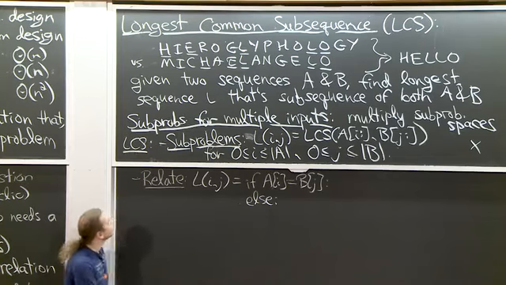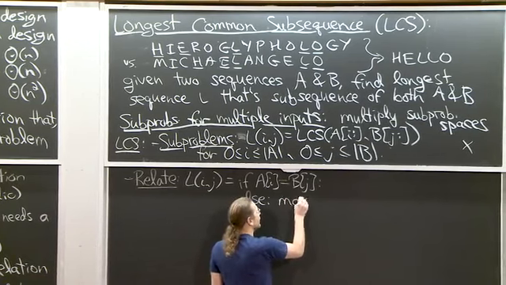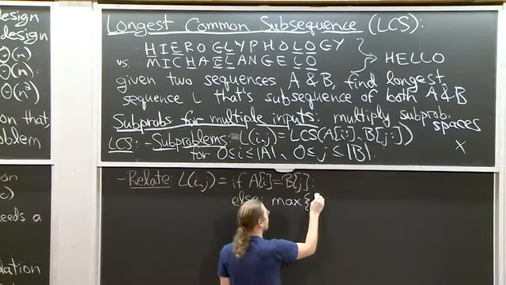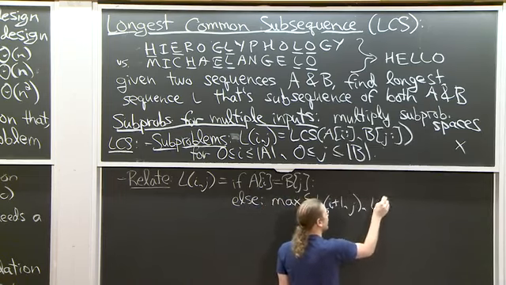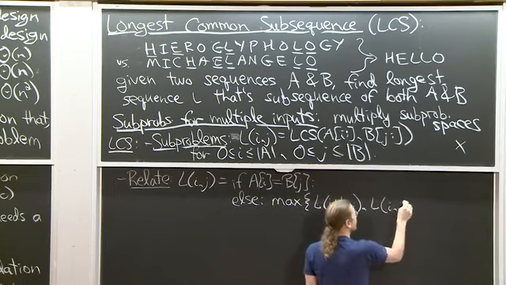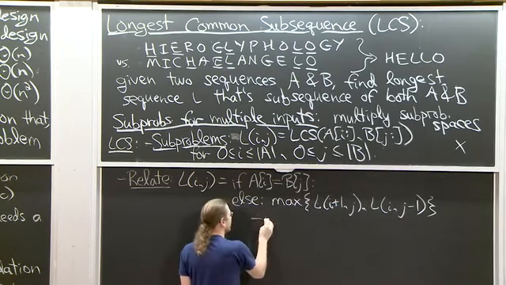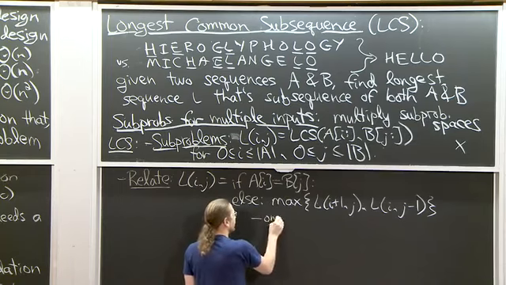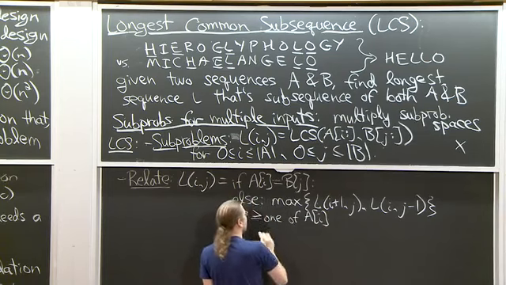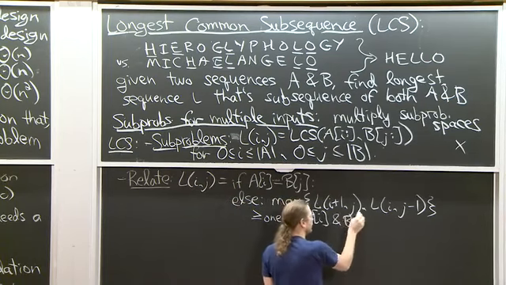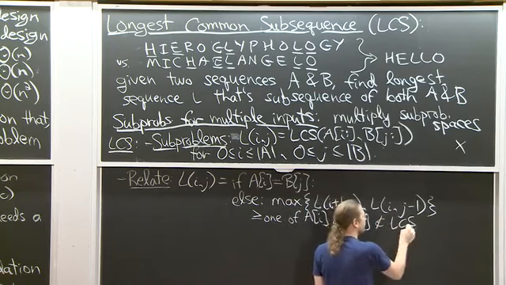And then we're trying to maximize the length of our common subsequence, so we'll take the max of L of i plus 1, j and L of i, j plus 1. So the intuition here is that at least one of A of i and B of j is not in the LCS.